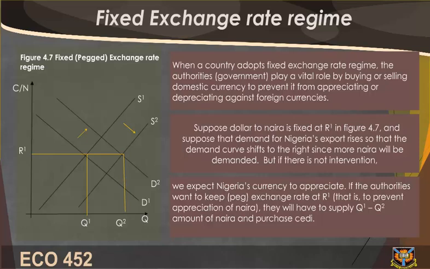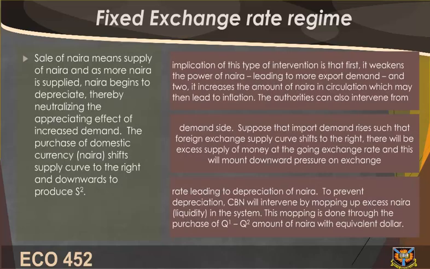If the authorities want to keep the pegged exchange rate at R1, that is, to prevent appreciation of naira, they will have to supply Q1 minus Q2 amount of naira and purchase CD. Sale of naira means supply of naira, and as more naira is supplied, naira begins to depreciate, thereby neutralizing the appreciating effect of increased demand.